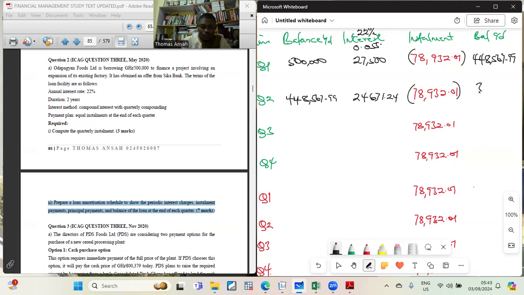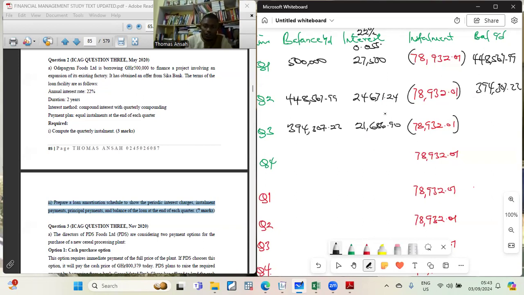All right, so I have 394,307.22. So here will be 394,307.22. Then I multiply it by 0.055 to get the interest. That is giving me 21,686.90.